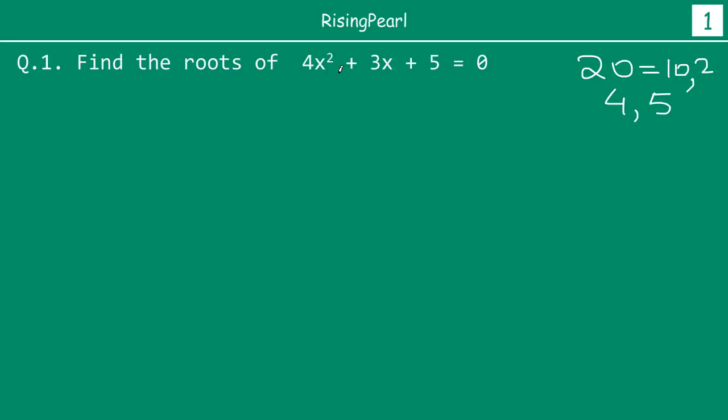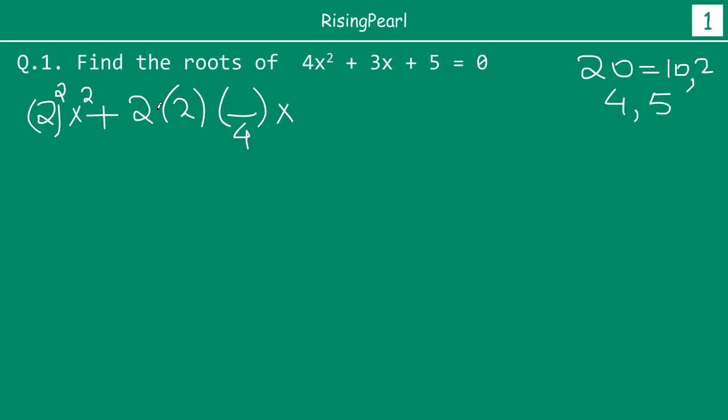So we have 4x squared, which we can write as 2 square x square, plus 2 times 2 times something x. We have 3x here. We already have 4 over here, which means we need to divide by 4.